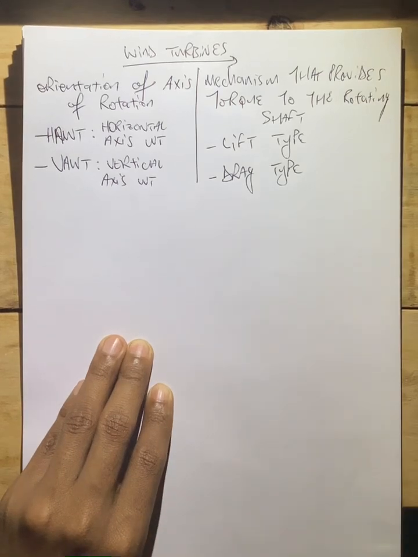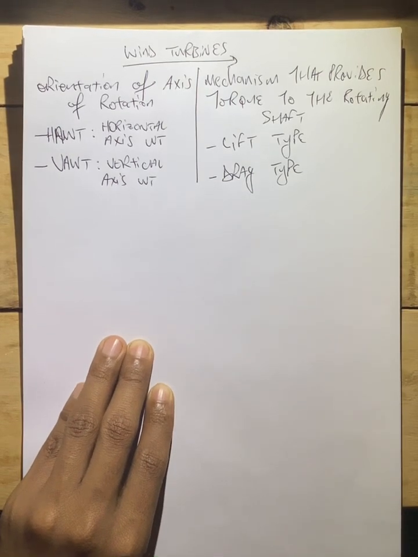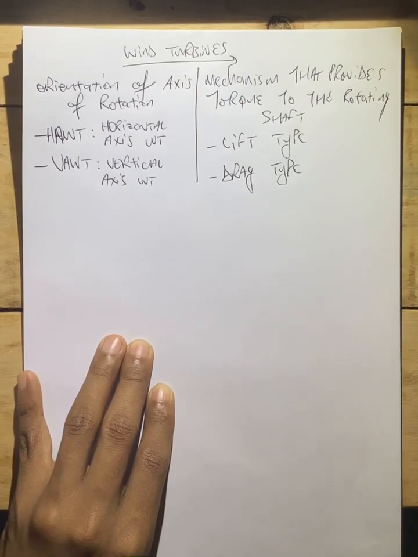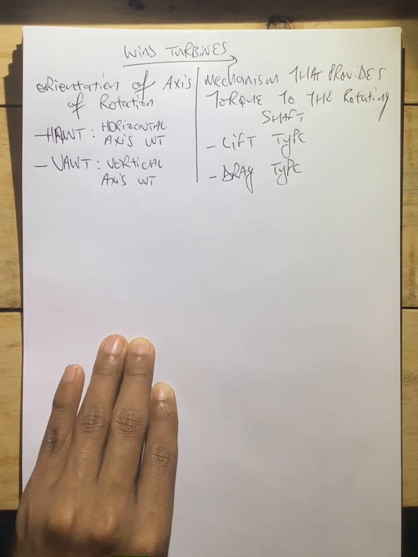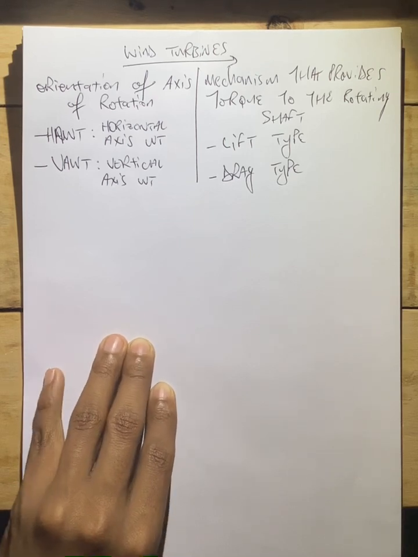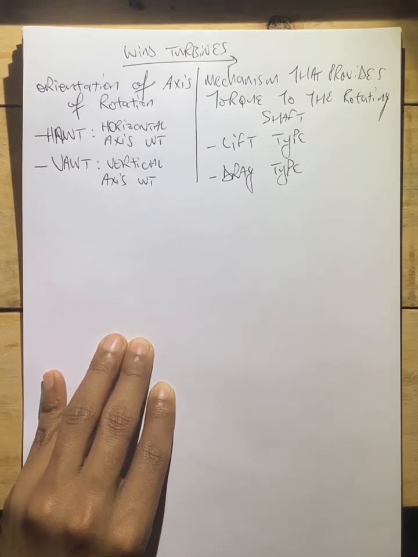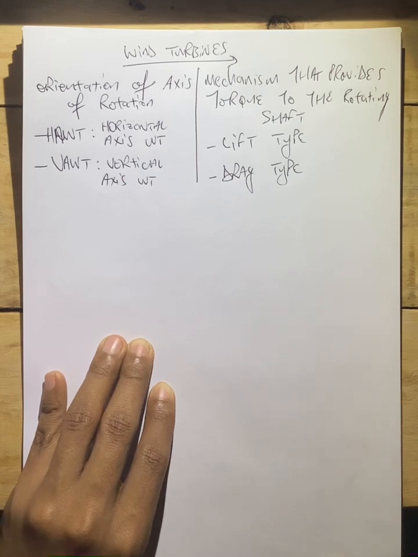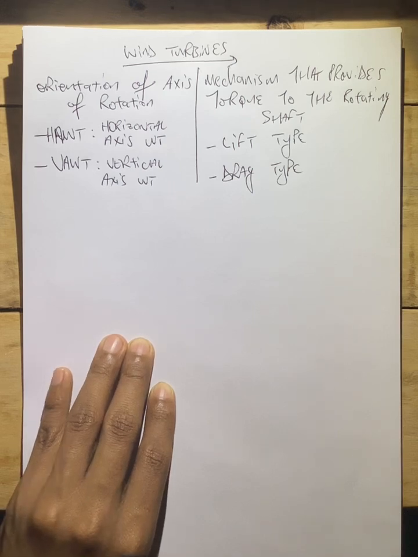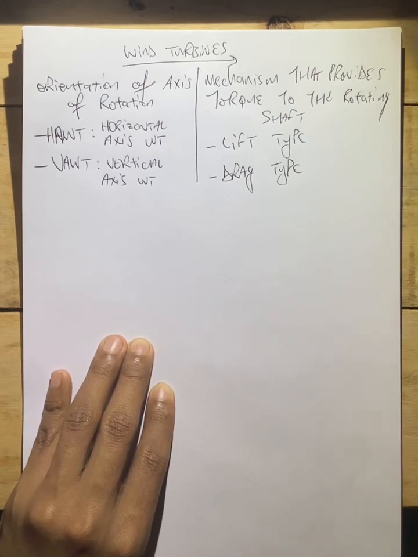Now mind you, we are not going to explain lift type, drag type, horizontal axis, vertical axis for now. Like I said, this is just an introduction. Introduction simply means you have wind turbines. They are categorized. Normally, there are two ways of categorizing them: one is by orientation of axis of rotation, and the other is the mechanism that provides torque to the rotating shaft, lift type or drag type.